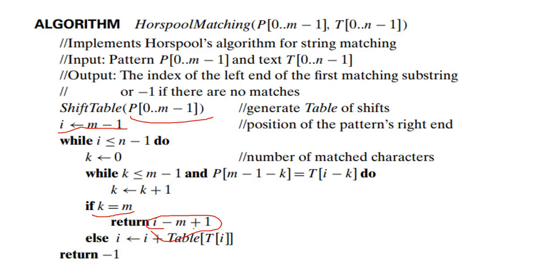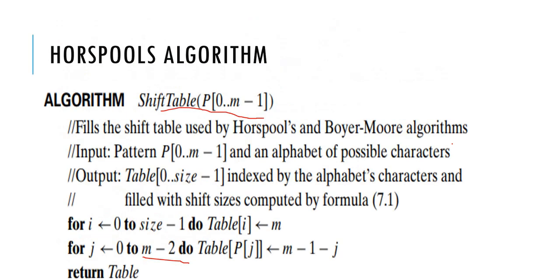Or else you go to the next step: you update the i value using the shift table value, so your index is incremented and your shift is done. This is the shift part. After this you return minus 1 at the end. So till you get the output, you keep doing this process. This is the Horspool algorithm.